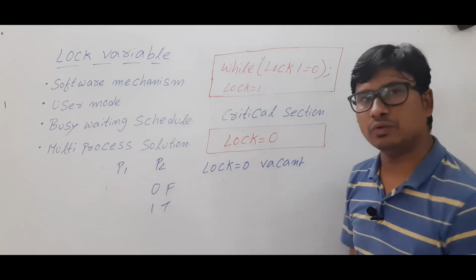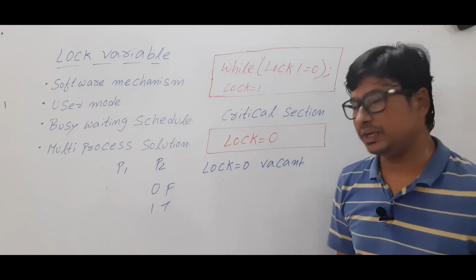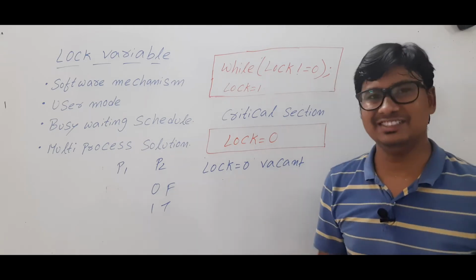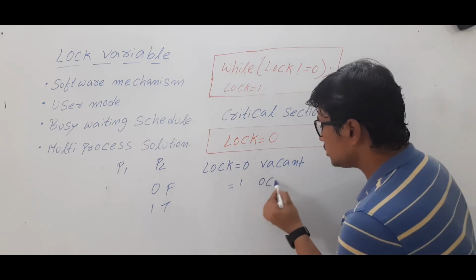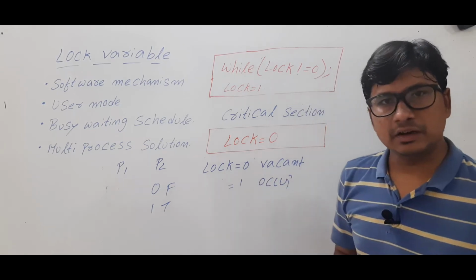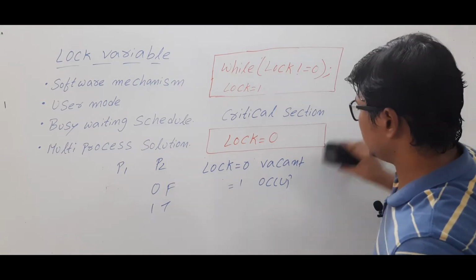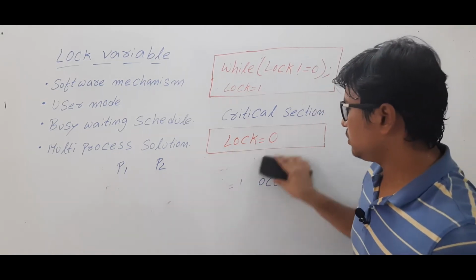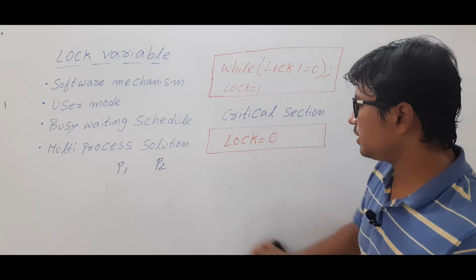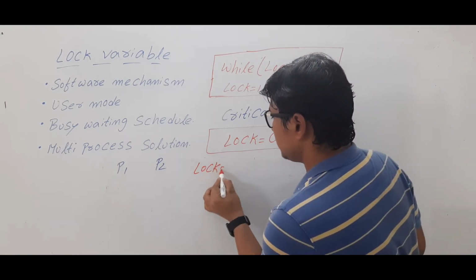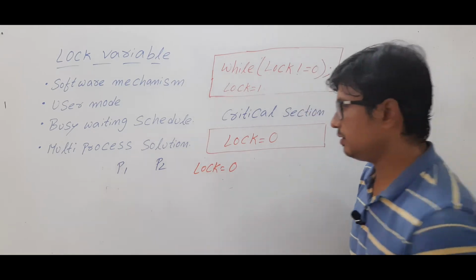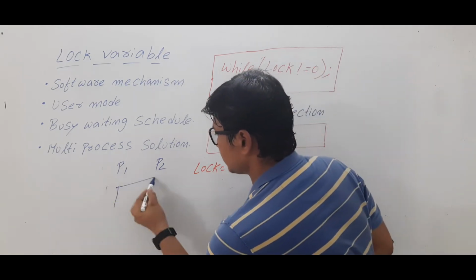If lock is equal to 0, the critical section is vacant. If lock is equal to 1, the critical section is occupied. Is it clear? Are you able to understand? So initially the lock value is 0, meaning the critical section is vacant.